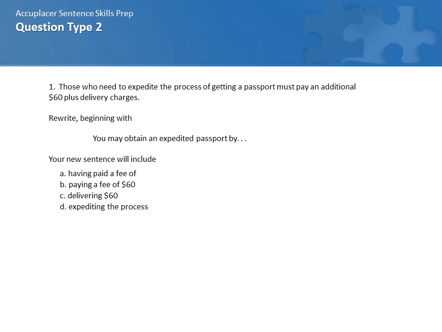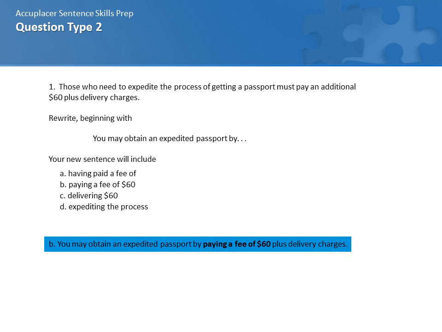The best solution here for preserving the meaning of the original sentence is B, paying a fee of $60. A sentence using that passage might read, "You may obtain an expedited passport by paying a fee of $60 plus delivery charges."